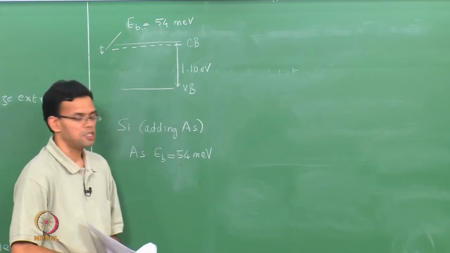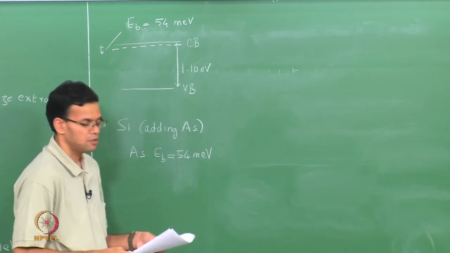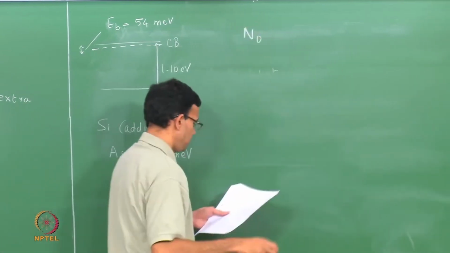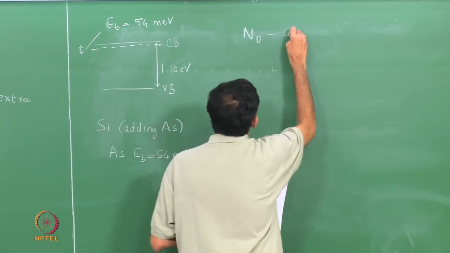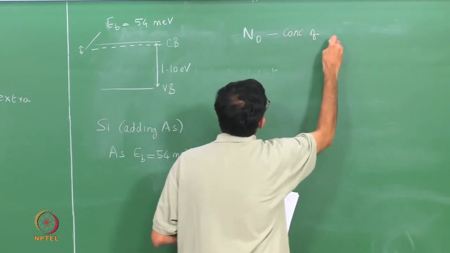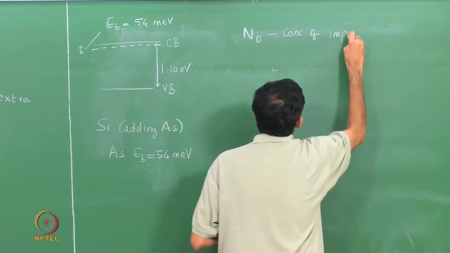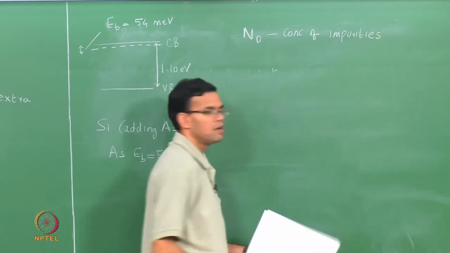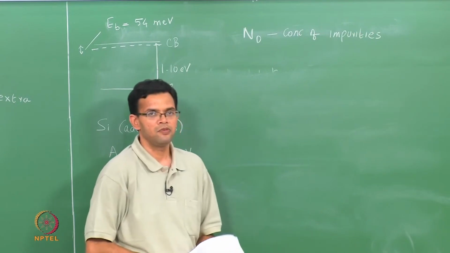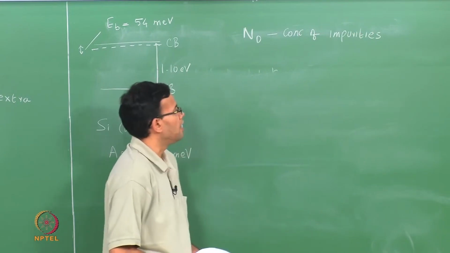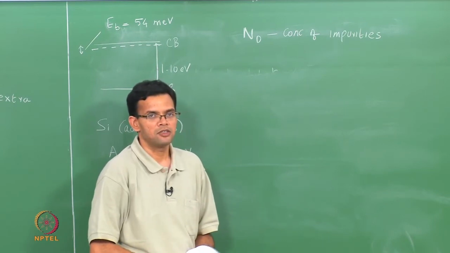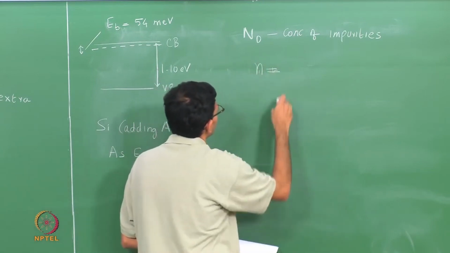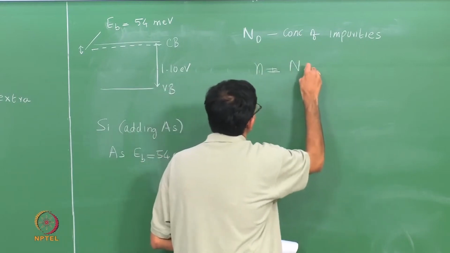If the concentration of these impurities, the pentavalent impurities, is written as Nd, each atom will give one electron, and at room temperature all of these electrons are ionized, which means the concentration of electrons N is the same as Nd.